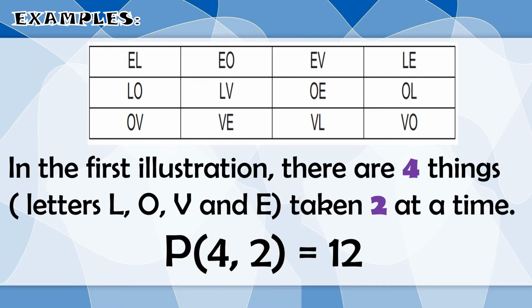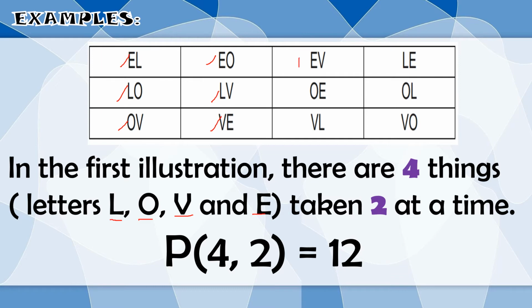So we have here our first illustration. There are four things, letters L, O, V, and E, taken two at a time. So we have to list down all two letters from the word love. So we have here EL, LO, OV, EO, LV, VE, EV.